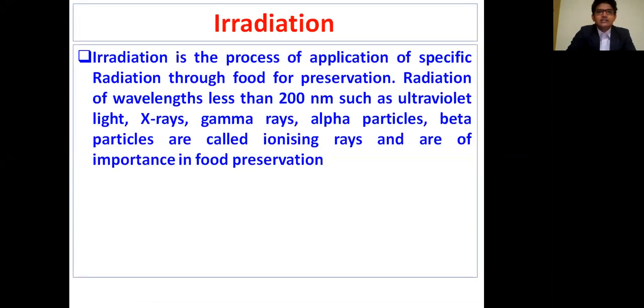Irradiation is the process of application of specific radiations through food for preservation. Radiation of wavelength less than 200 nanometer, such as ultraviolet light, X-rays, gamma rays, alpha particles, beta particles, are called ionizing rays and are important in food preservation.